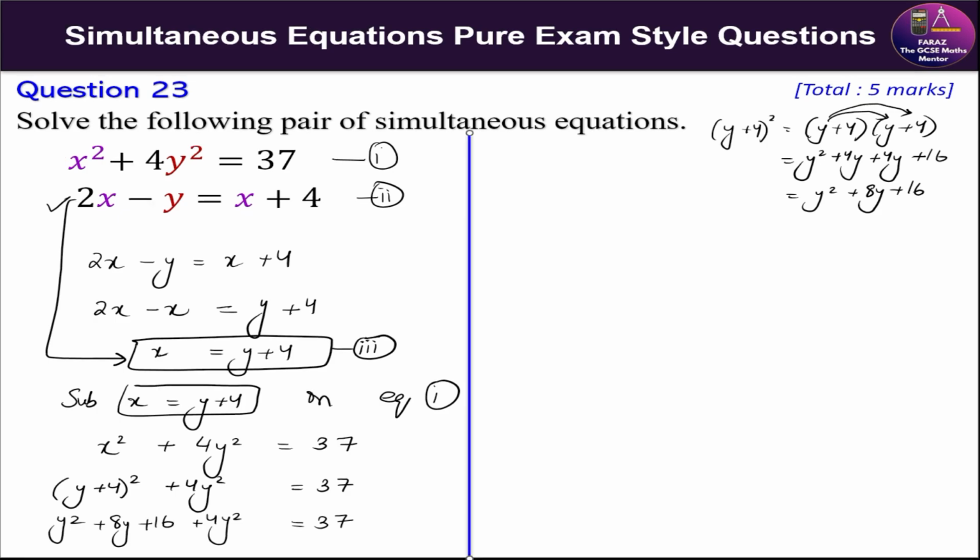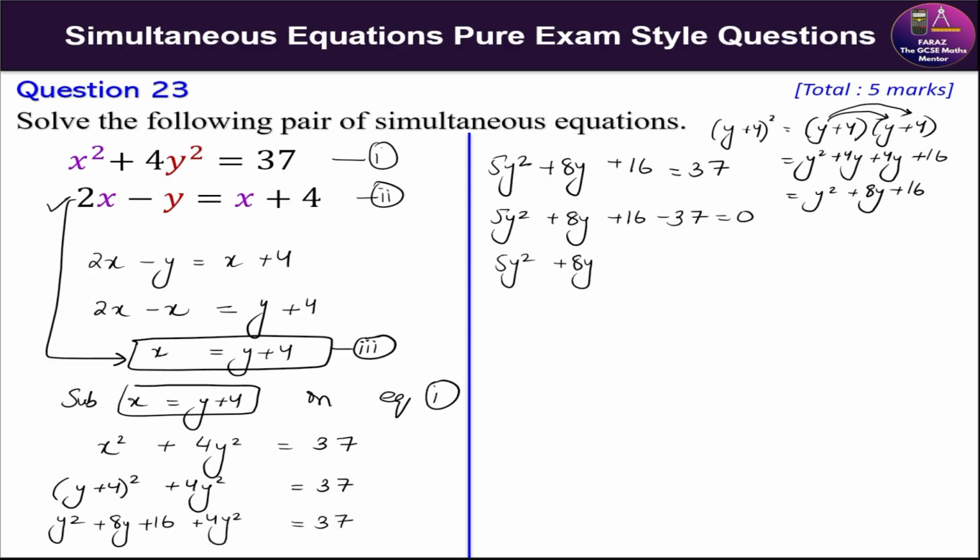The next step: y square plus 4y square is 5y square, and 8y remains as it is, plus 16 equals 37. Then 5y square plus 8y plus 16 minus 37 equals 0. So this becomes a quadratic equation: 5y square plus 8y minus 21 equals 0.